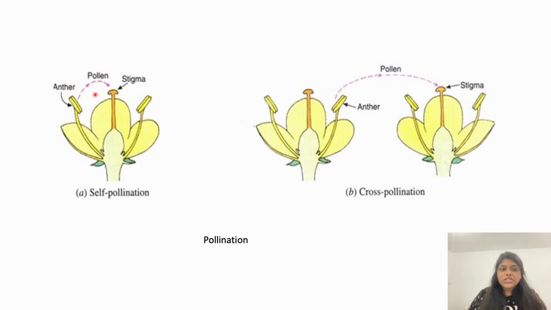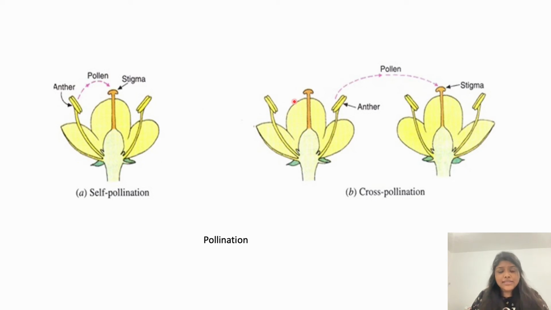Self-pollination can happen either by wind or by normal dehiscence, when the anther sheds the pollen directly onto the stigma. But for cross-pollination to occur, you essentially need pollinators or pollinating agents, which can be wind. The pollen can simply be transferred via wind, or by insects, water, or even humans.